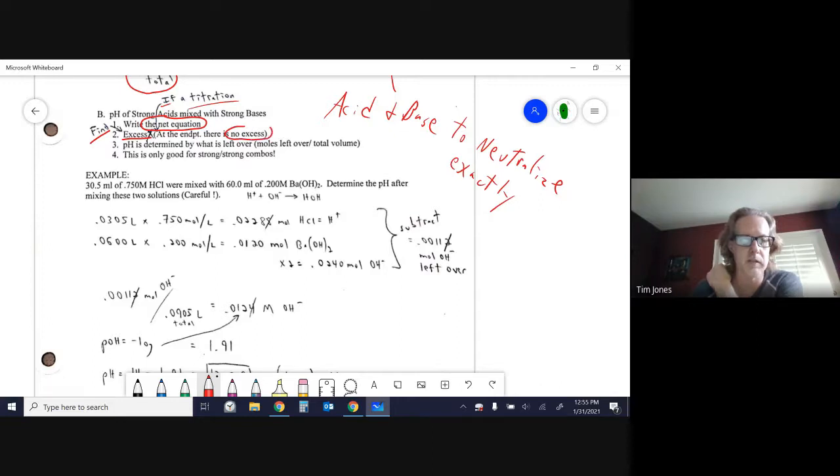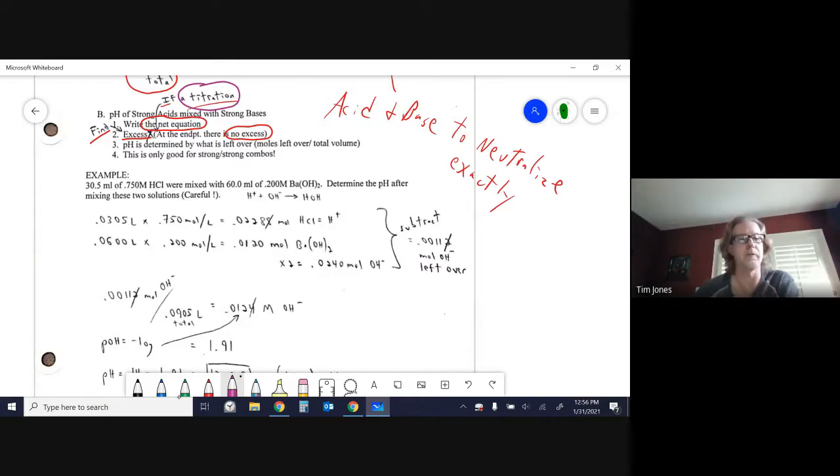So in this case, it gets a little complicated. If it was a strong acid and a strong base, we can assume the pH will be neutral, 7. However, if the acid or the base is weak, it gets more complicated, and we'll look at that in a future lesson. As you can imagine, we will spend an entire 2 lessons on titrations. So don't worry about that right now.